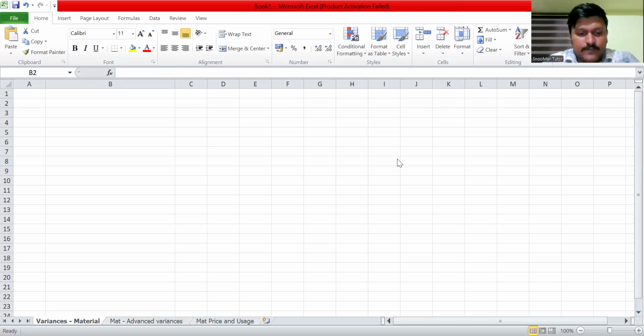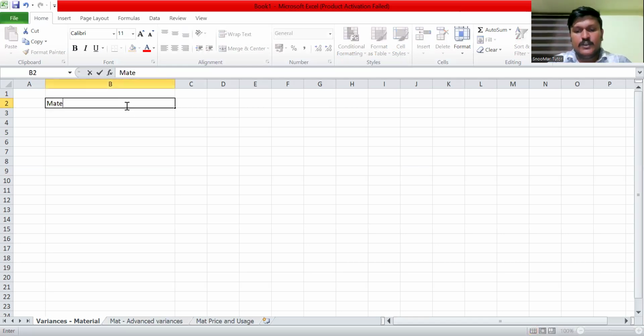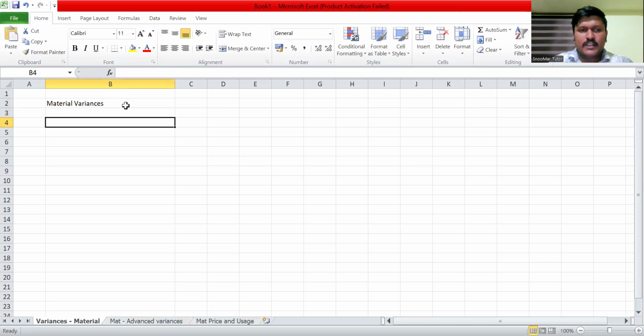Here today we'll be focusing only on material variances. So let's consider what variances we'll be studying. Material variances relate to raw material only. We are studying the basic variances.